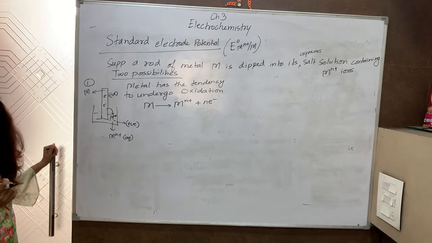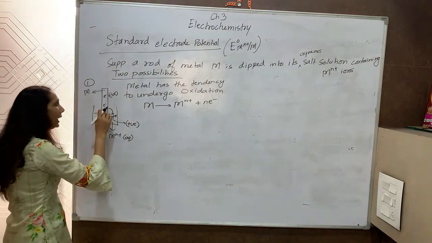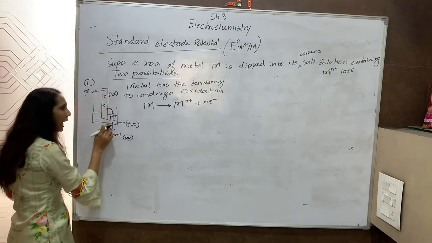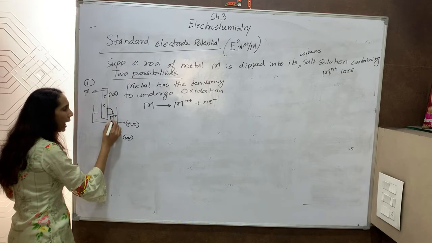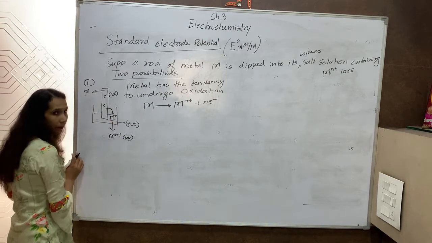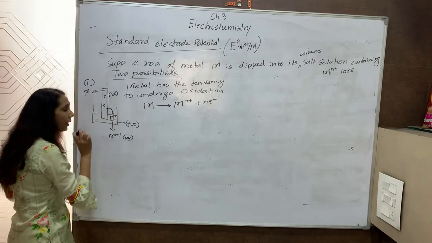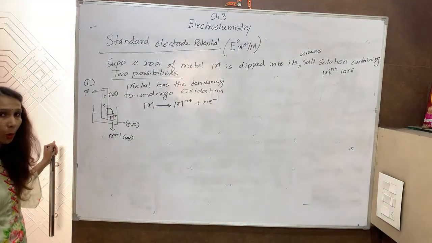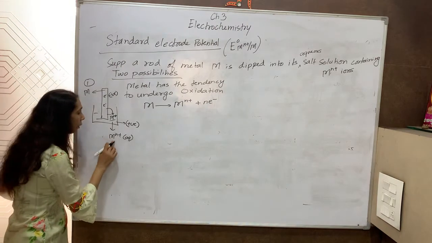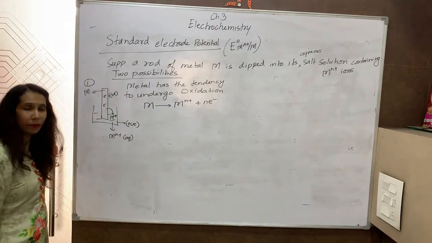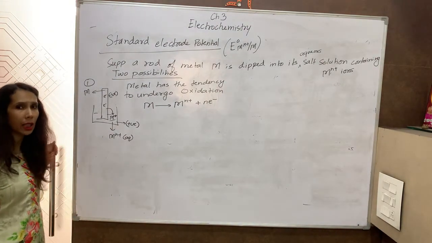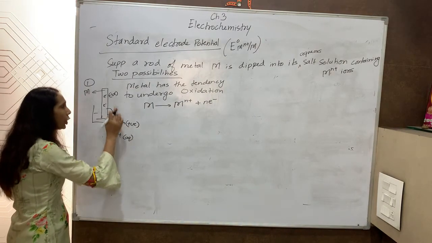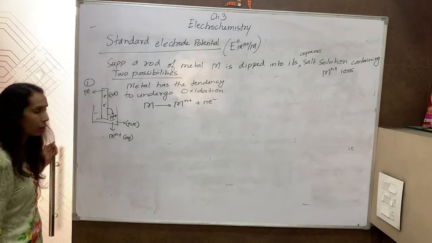Oxidation means loss of electron. So metal M will lose the electrons, which will remain on the rod, and it will go into the solution as Mn+ ions. The concentration of positive ions will increase. So the solution will become positively charged and the rod will become negatively charged.